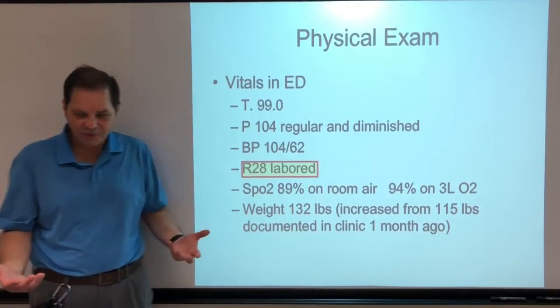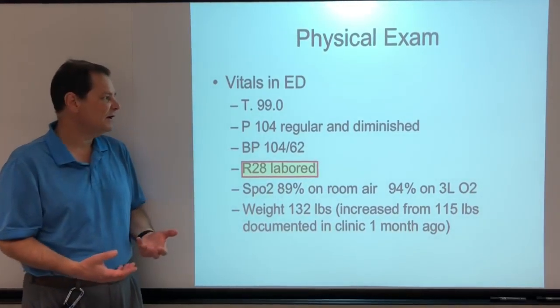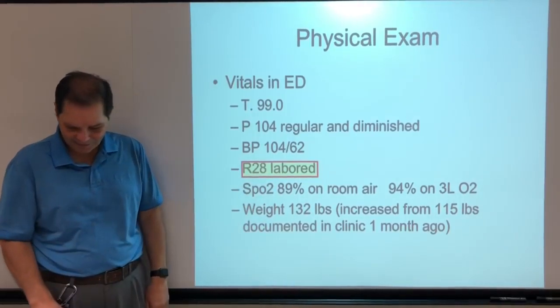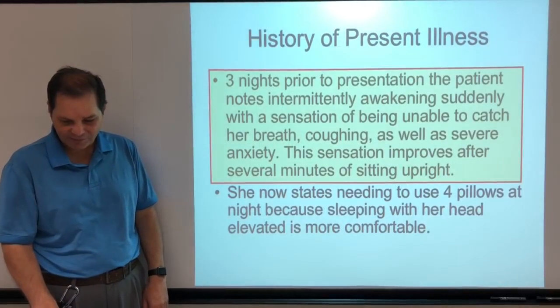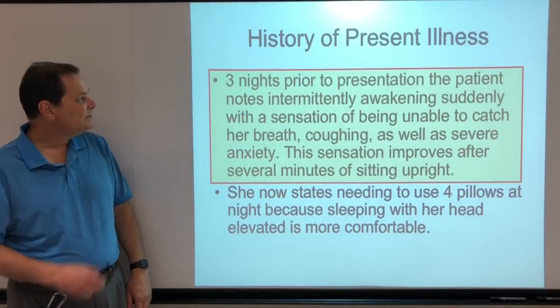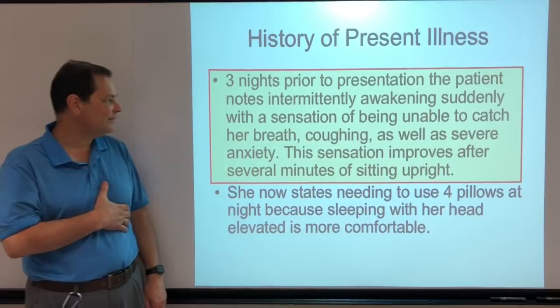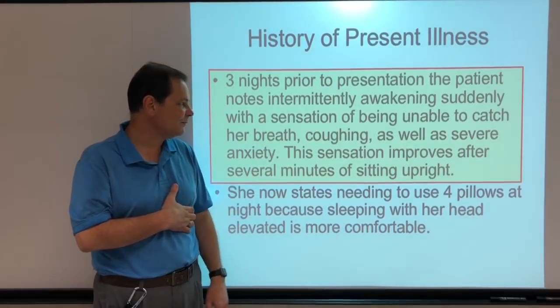All right, so let's take a look at our congestive heart failure patient with dilated cardiomyopathy. Her respiratory rate is 28 and labored. She's having a hard time breathing. She notes that she's awakening suddenly with the sensation that she can't catch her breath.